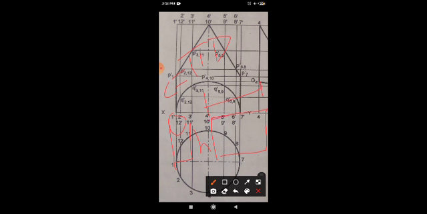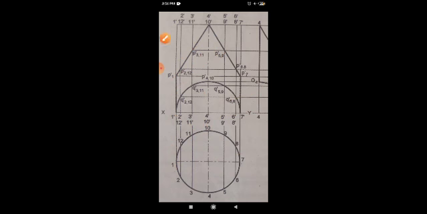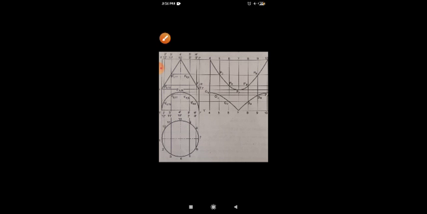Now after doing this, you have to draw a rectangle. No need to take the height, just take the projection, because you have already taken the height 85. So take the projection from the top and bottom to the left of this figure.